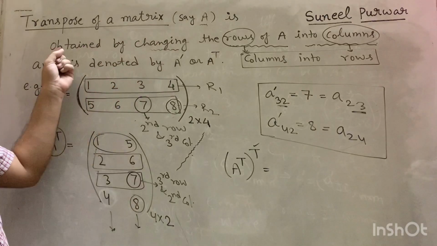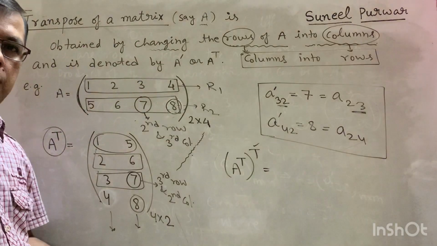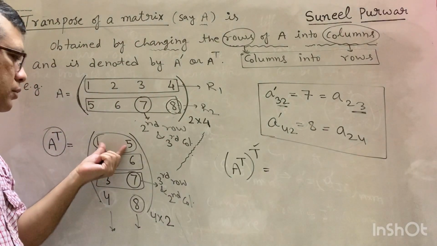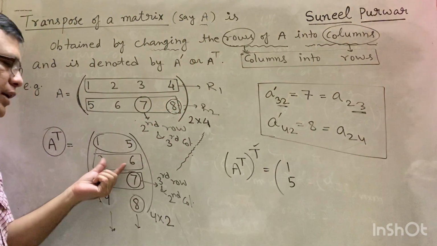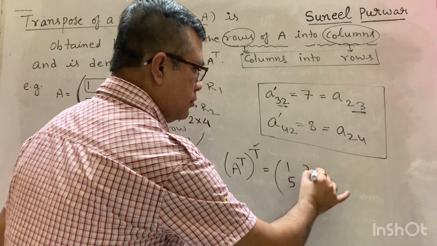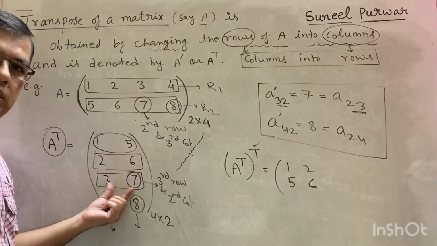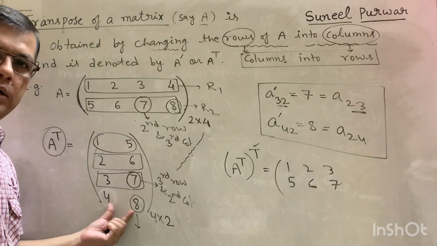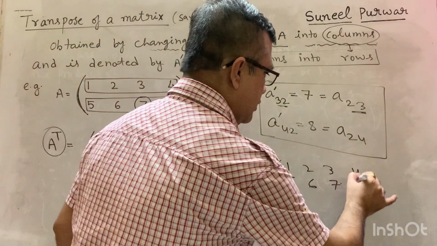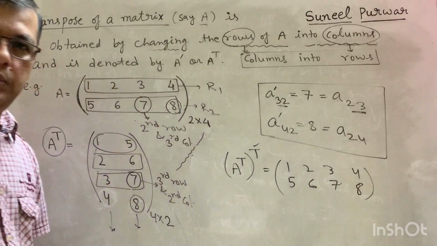As per the method of finding the transpose, what you have to do? You have to convert rows into columns. So first row 1 5 will become what? First column 1 5. Second row 2 6 will become second column 2 6. Then 3 7 will become third column, and the fourth row 4 8 will become what? Fourth column 4 8. But don't be surprised.